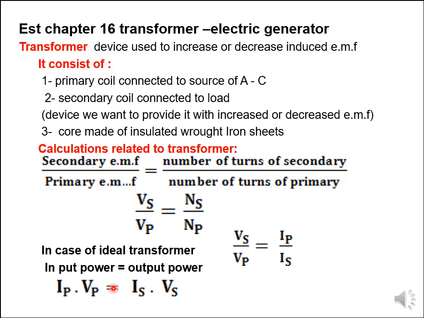From this relation we can conclude that V secondary over V primary equals I primary divided by I secondary. Looking at the two relations together, N secondary over N primary equals I primary divided by I secondary.